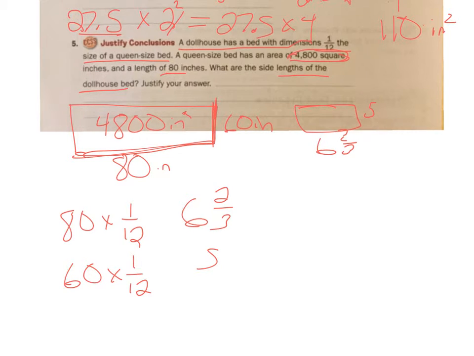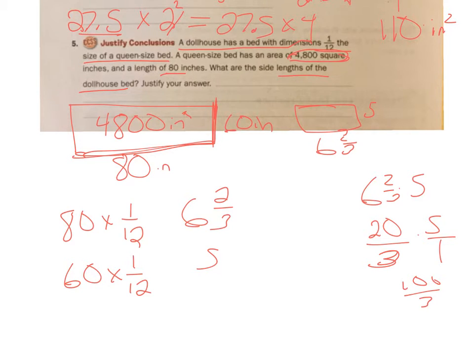Now I could figure out the area there, which is 6 2/3 times 5. The way I'm going to do it is 6 2/3 is 20/3 times 5 over 1. So that's 20 times 5 is 100 divided by 3. 100 divided by 3, I can get 33 and 1/3.